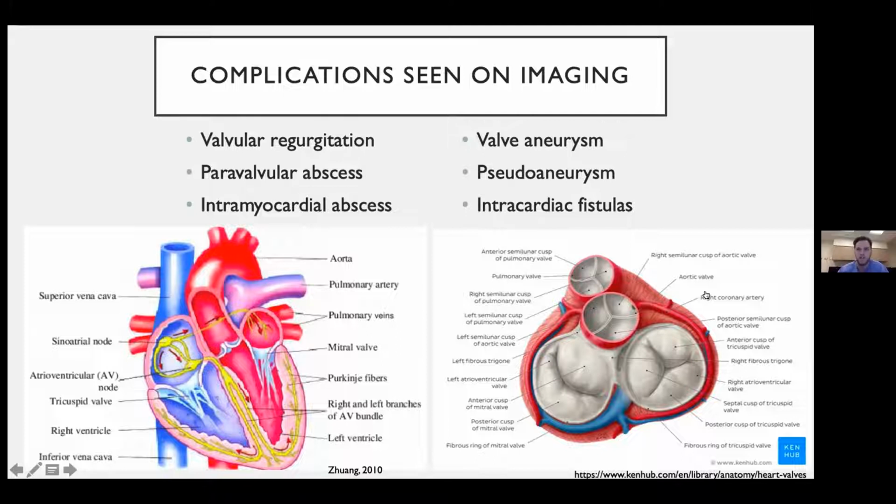When we think about complications, it's really important to keep in mind the 3D structure of the heart because invasive pathogens can erode through heart structures. So take note that the aortic valve, the mitral valve, and the tricuspid valve are all quite close to each other. Pulmonic is a little offset to the front, but it's really not hard to get complications involving more than one valve.